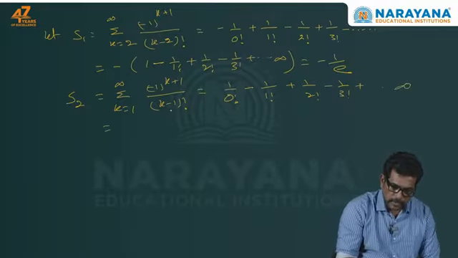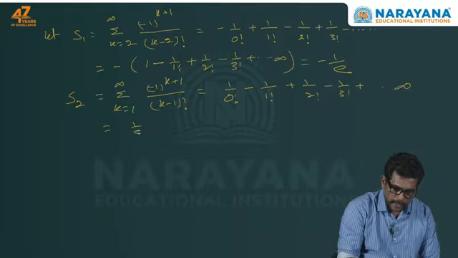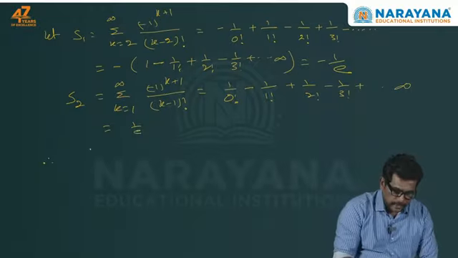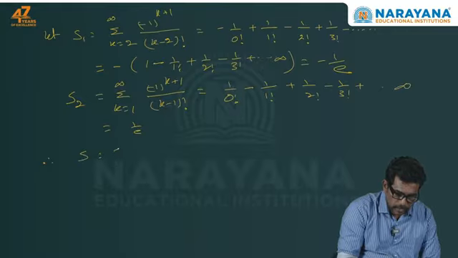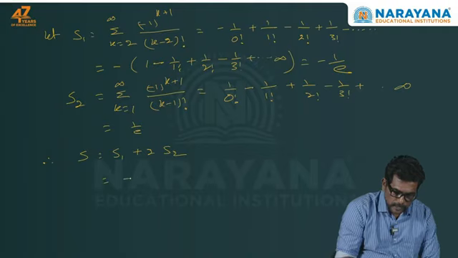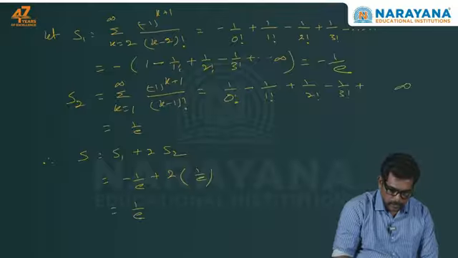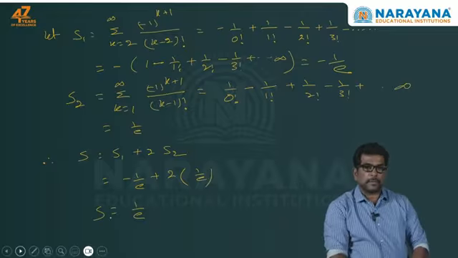Now this is directly 1 by e. Therefore, S1 and S2 we plug into S, where S is equal to S1 plus 2 times S2. So S1 is minus 1 by e plus 2 times S2, which is 1 by e, equal to 1 by e. S is equal to 1 by e.